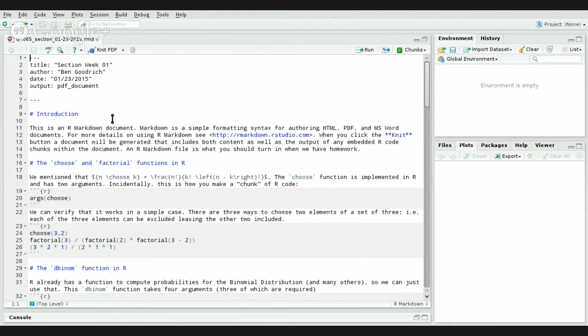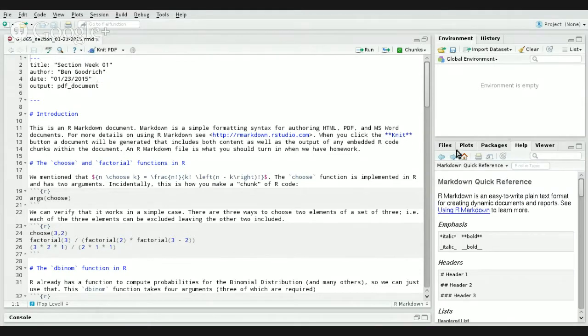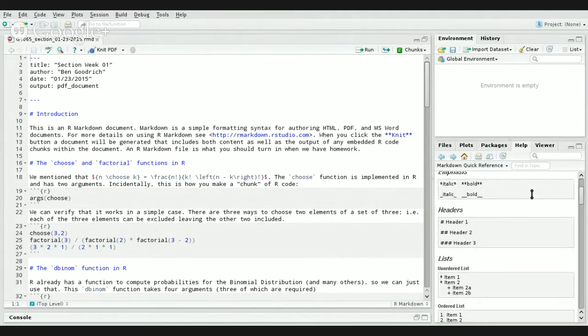Markdown is a format that's been used on the web for several years now, and it's very popular. You can go to this URL to see more information about the Markdown syntax, but if you just need a quick reminder, you can click on the question mark and then Markdown quick reference, where you can see in the bottom right window most of the commands and syntax that you would need in order to use this effectively.